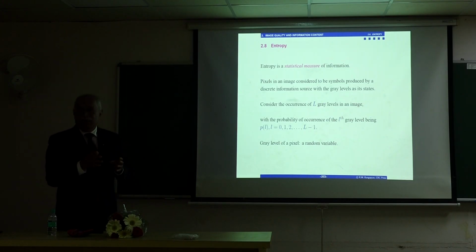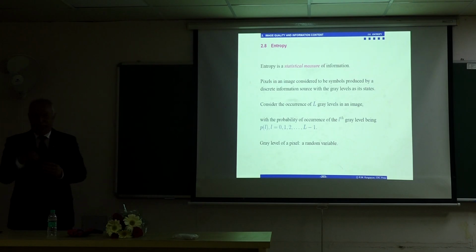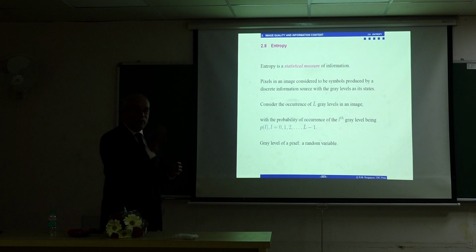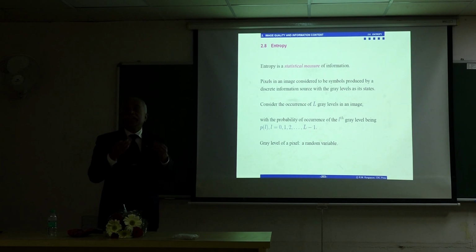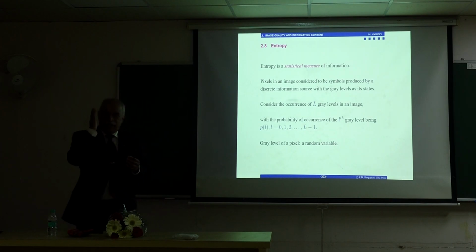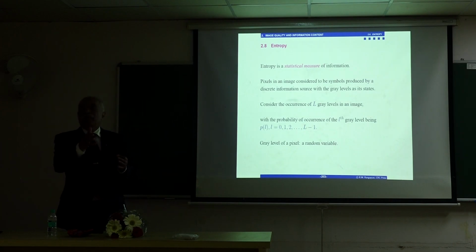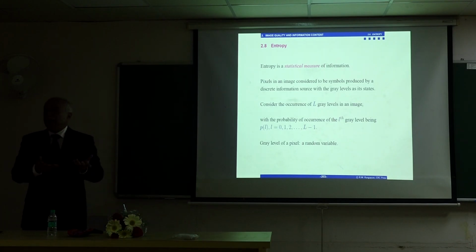If you say it is hot in Mandayam, it's always hot. My uncle used to say, Mandayam has 3 seasons, hot, hotter, hottest. So information relates to probability. When something that has a low probability occurs, there is information. Something with probability equal to 1 or near 1 doesn't convey much information when it happens because you already knew it.